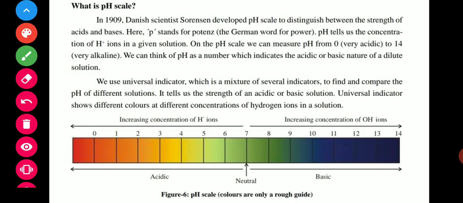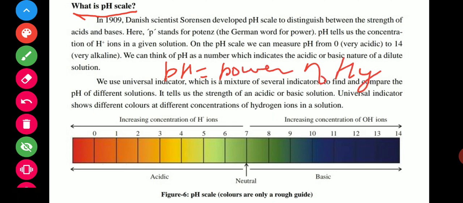Now come to the pH scale. What is the pH scale? pH means the power of hydrogen. What is the meaning of power of hydrogen? It means more hydrogen ions, more acidic.